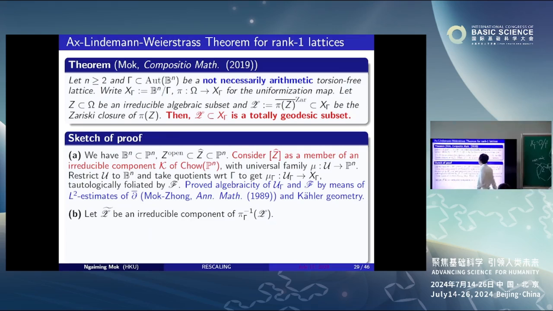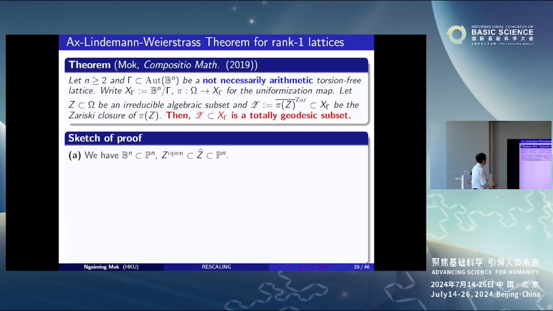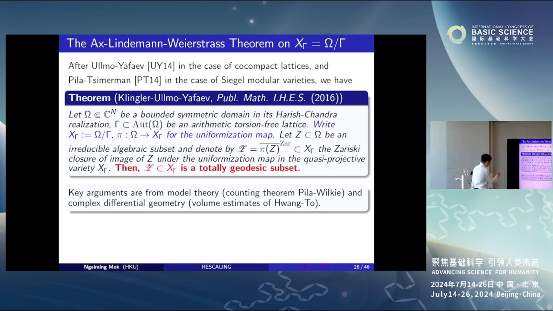So let me say how. A very important ingredient has been developed over the years. This proof by Klingler, Ullmo, and Yafaev makes use of different ingredients.